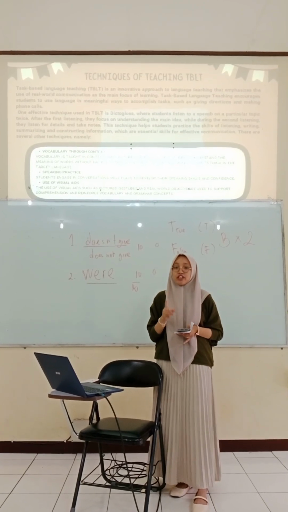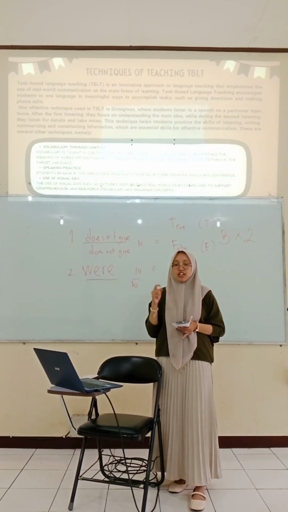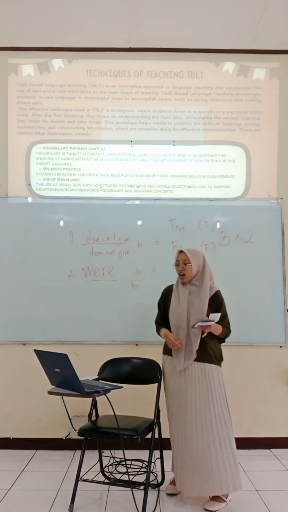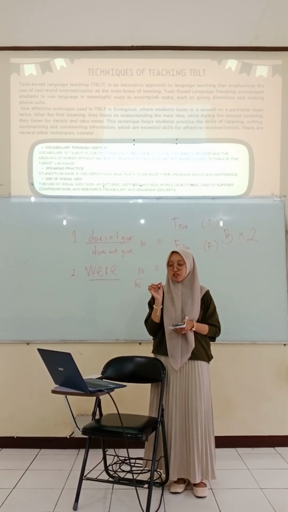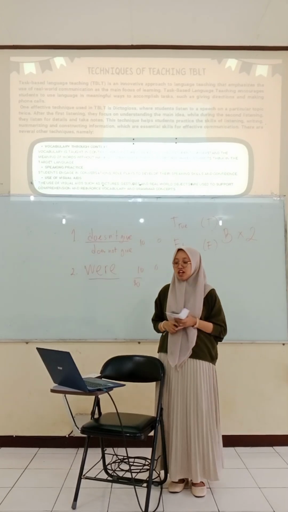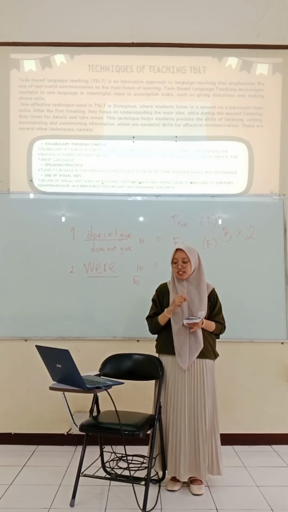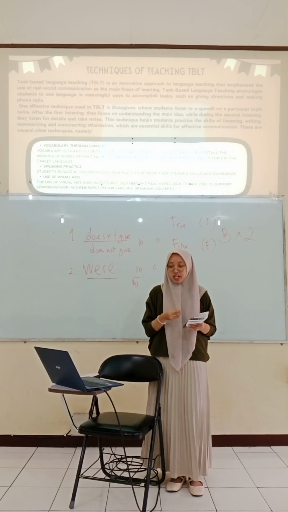And one effective technique of TBLT is dictogloss, where the students listen to a speech on a particular topic twice. After the first listening, they focus on understanding the main idea.